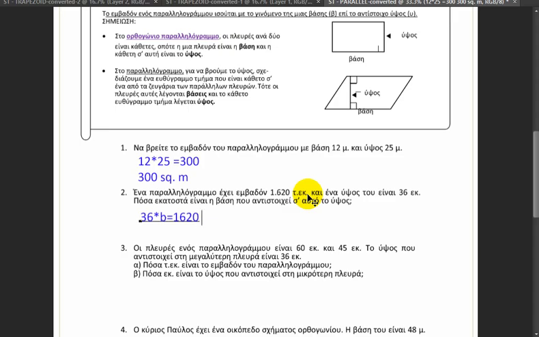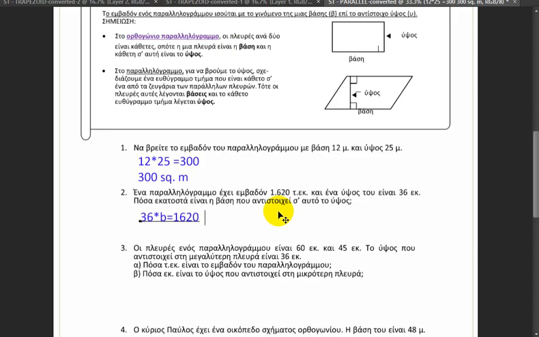And yes, x doesn't have to be the only unknown. We discussed this when we began talking about equations, that x was just one letter that we choose. It doesn't have to be the letter that is the unknown. So here we have that 36 times b is equal to 1,620.